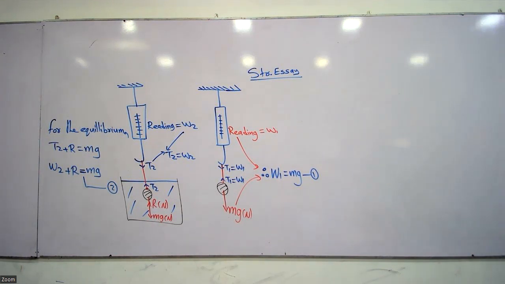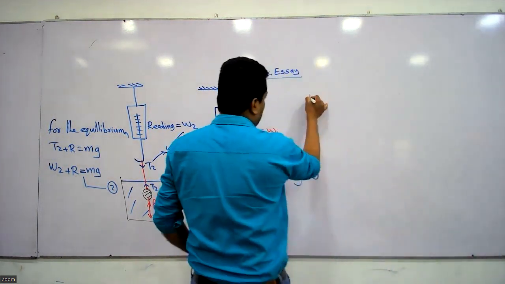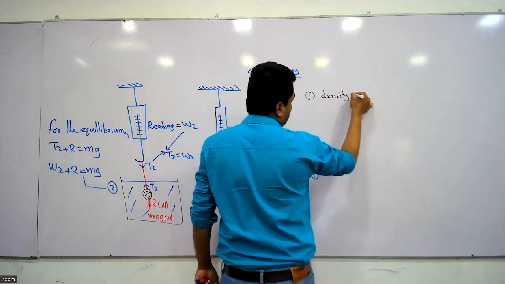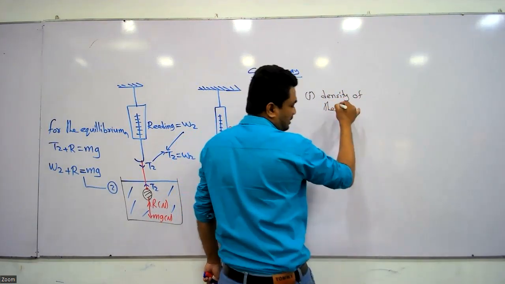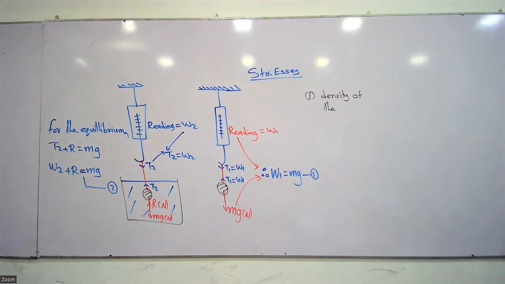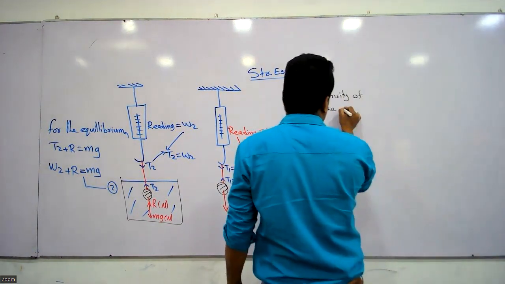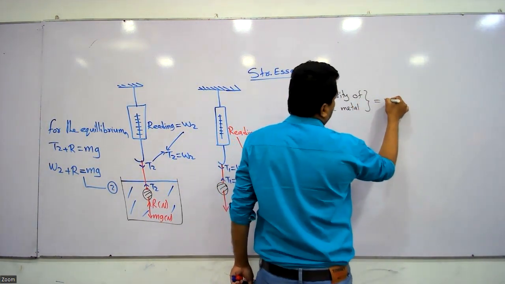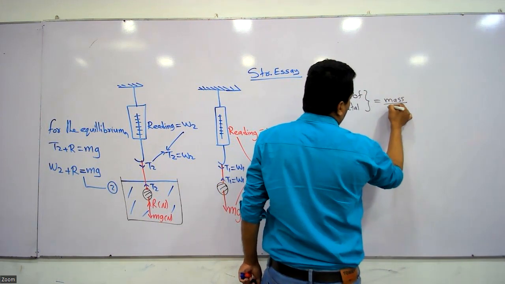Roman number 1. If the volume of the sphere is V and the density of the metal is D, write down an expression for W1. What is density here? Density of the metal equals mass over volume.